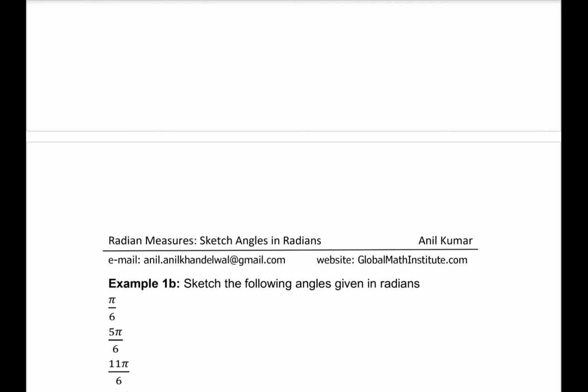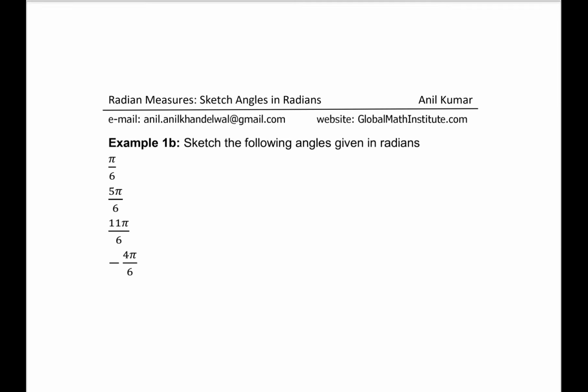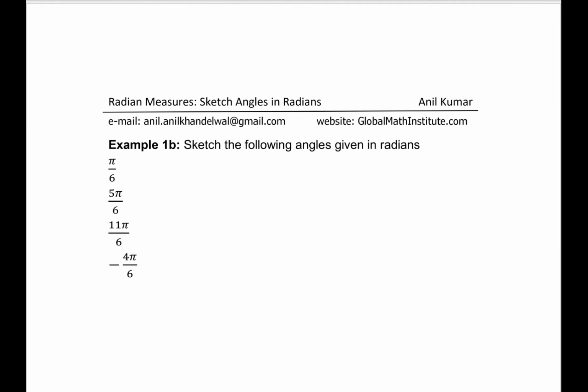The very first example, which I'm calling example 1b, is to sketch angles which are pi by 6, 5 pi by 6, 11 pi by 6, and minus 4 pi by 6. Let us now see how to sketch all these angles which are given to us in radians.